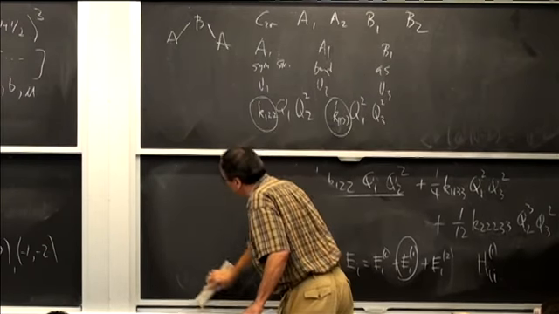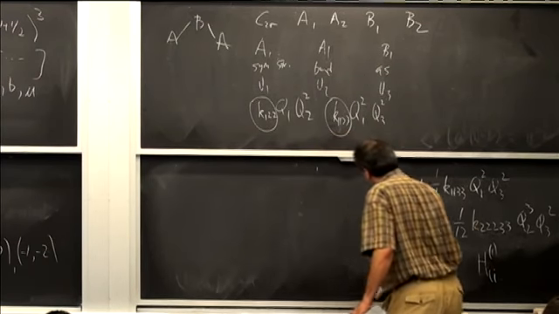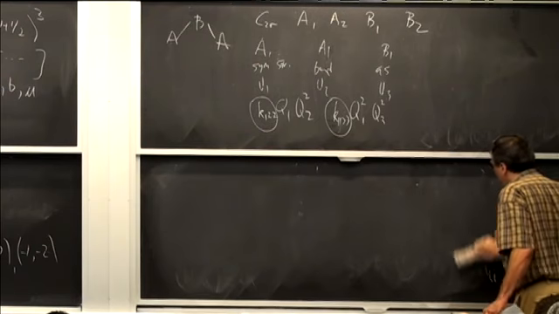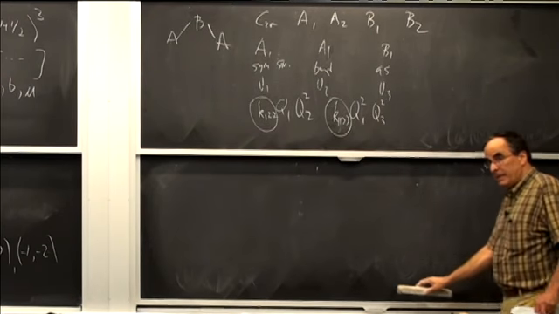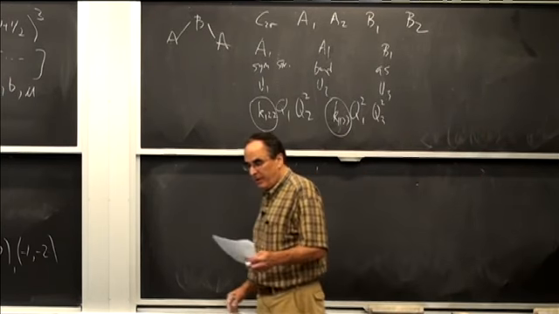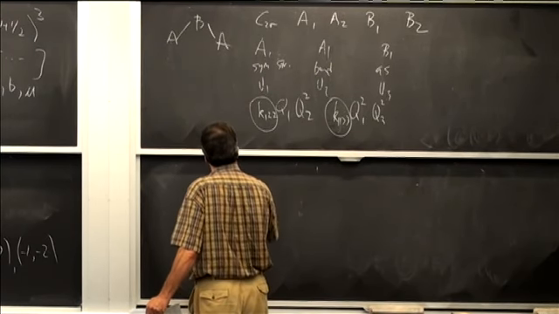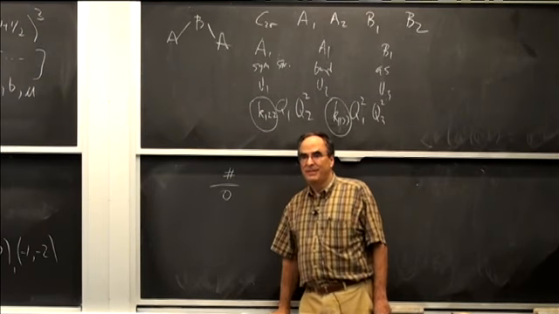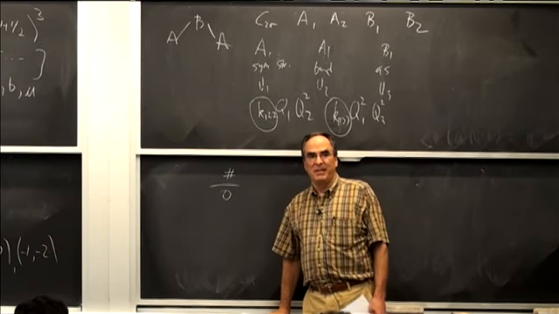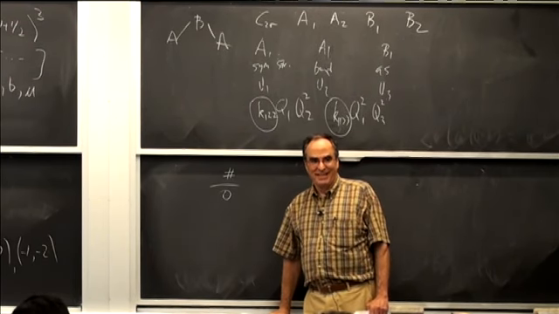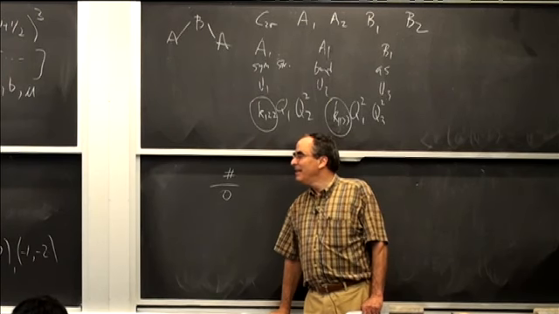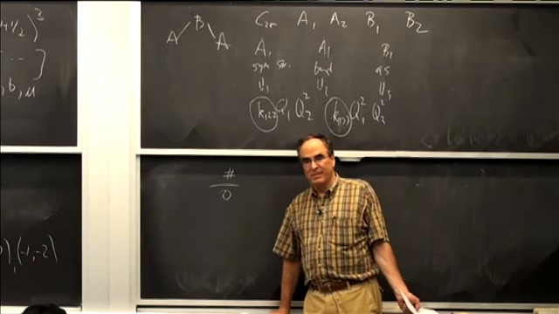So you're proceeding along, and you're systematically writing down all the terms in the perturbation expansion, the second order perturbation expansion, and all of a sudden you get some number over 0. And you know that this is bad. And that corresponds to a resonance.